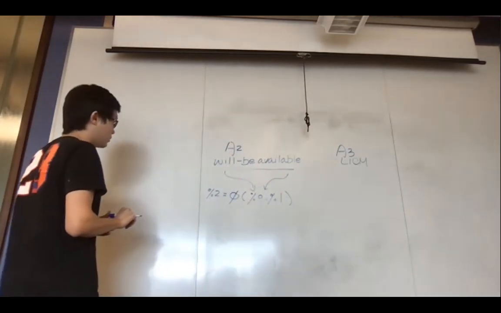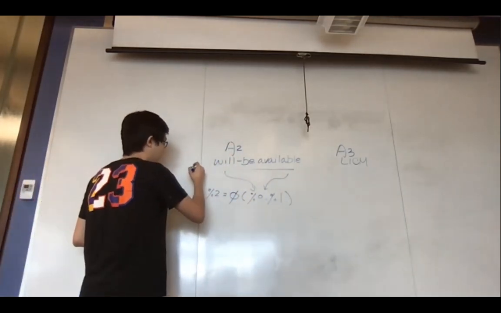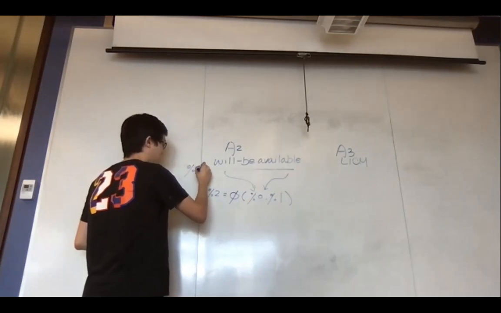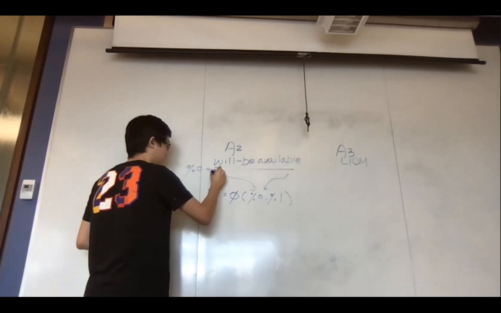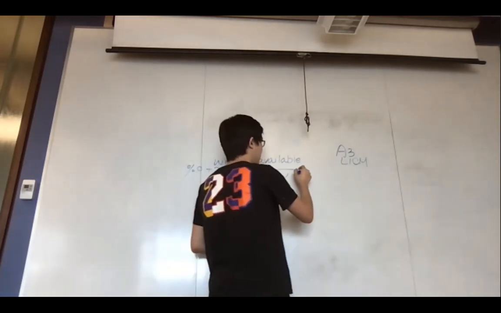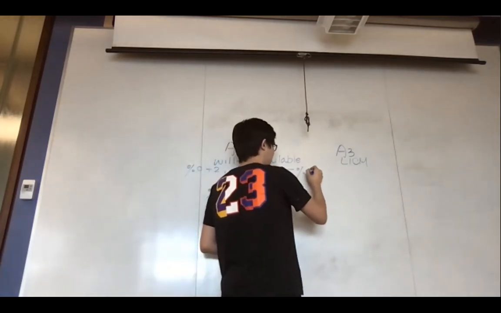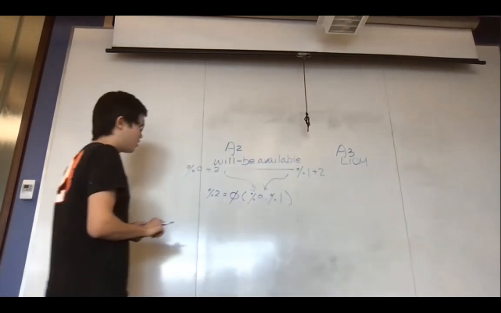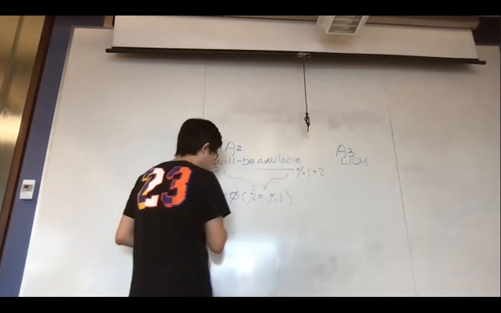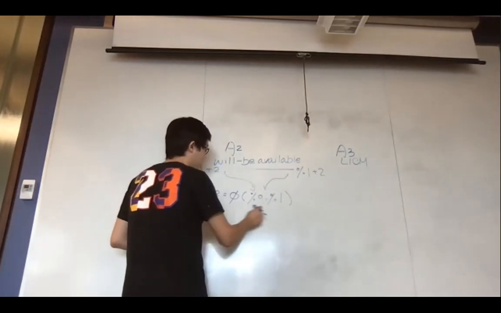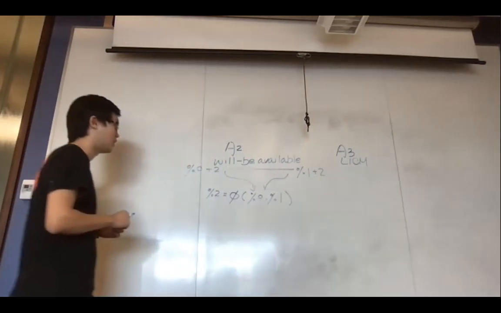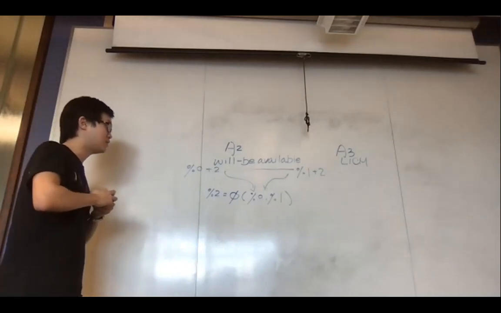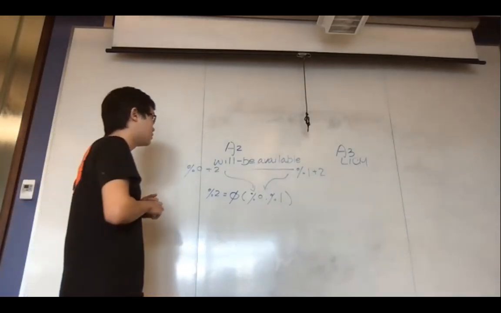As an example, suppose that we have expression 0 plus 2 and expression 1 plus 2 as will-be-available in all of its predecessors, then we'll set expression 2 plus 2 as will-be-available as well. So this is how we handle finals in the case of will-be-available expressions.